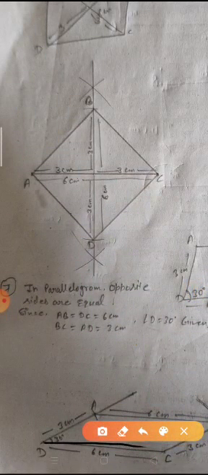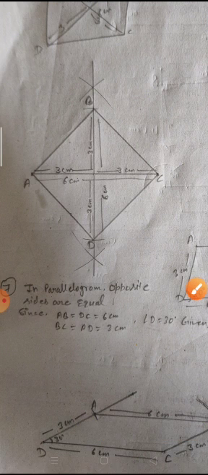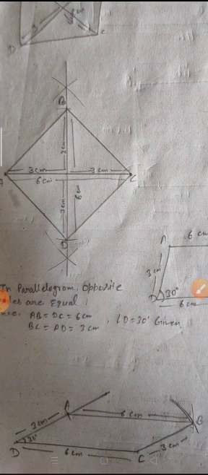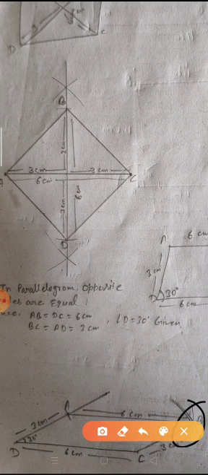So first we draw line DC of 6 centimeters, and from D we draw a 30 degree angle, and with the help of the compass and scale, we draw a 3 centimeter line to A. Now from A we draw an arc with 6 centimeter distance, and from C we draw an arc with 3 centimeter distance. Both arcs meet at this point. Now we draw from A to B and C to D. So this is the parallelogram.